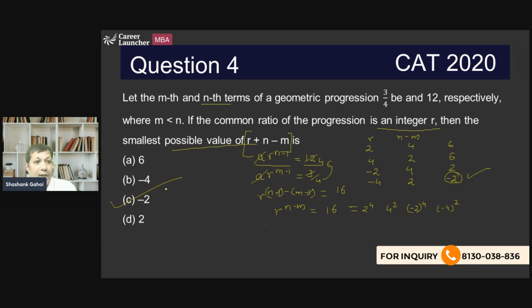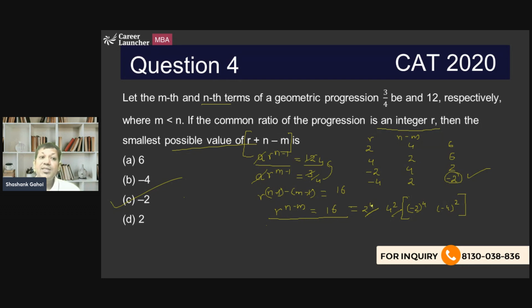Now this question I'm going to consider a difficult question. It's tricky as well because everyone reaches till this point. But the problem is thinking this might be a problematic scenario. Generally, people are going to go with 2 power 4 and 4 power 2. So eventually they get the answer as 6.